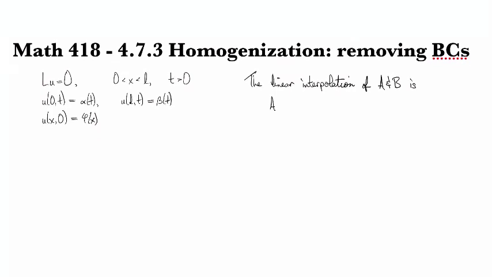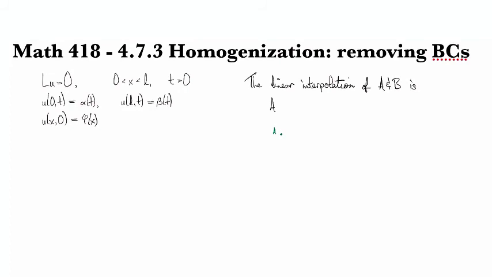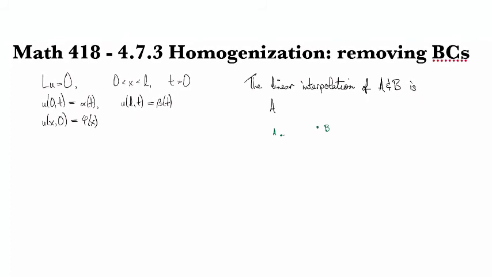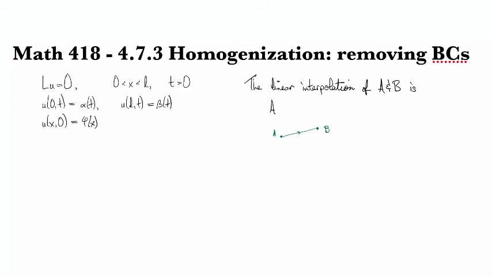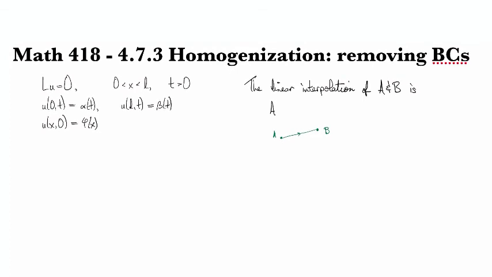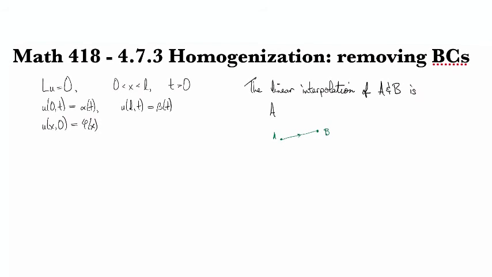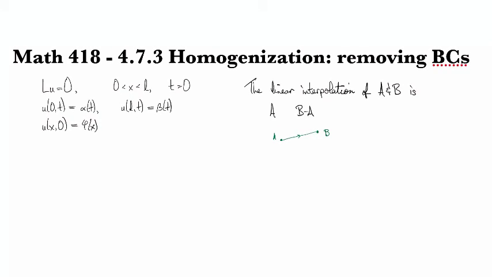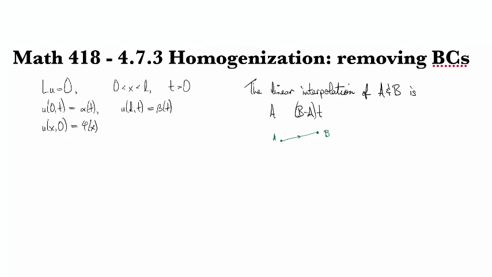So if you are at some location A and there's some other location over here, B, and you want to get from A to B like this, then what you need to do is say, okay, I'm going to start at A, and then I'm going to go in the direction of B, and so this vector is B minus A, and I'm going to do that for some amount of time.